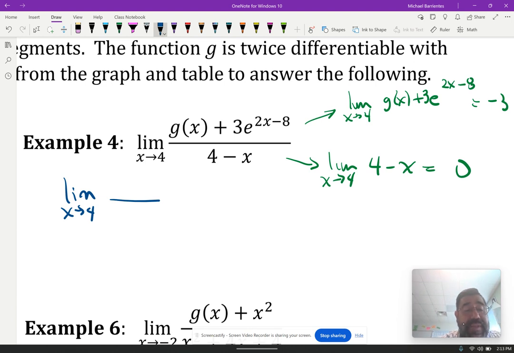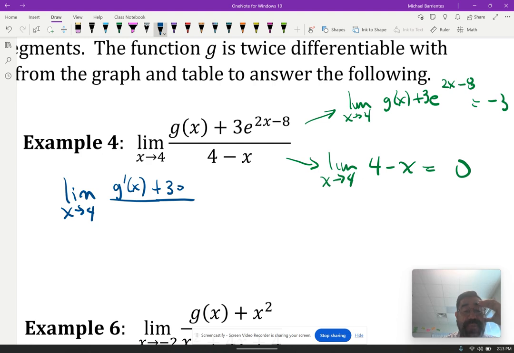Let's see. The derivative of this would just be g prime of x plus, the derivative of this. Well, 3 is a constant multiple, so I'm going to just write it there. The derivative of e to the 2x minus 8 is really taking the derivative of e to the something, which is a chain rule, right? Because there's an inside function.